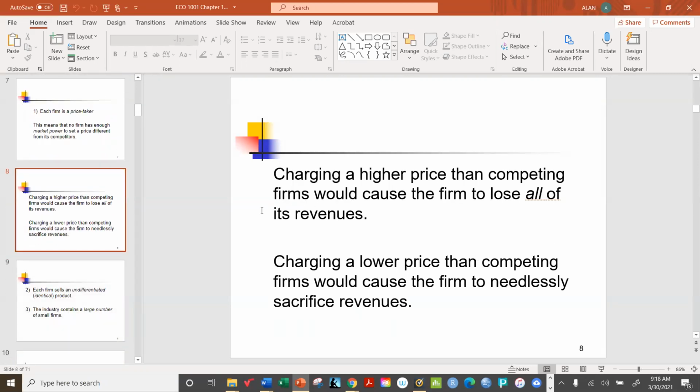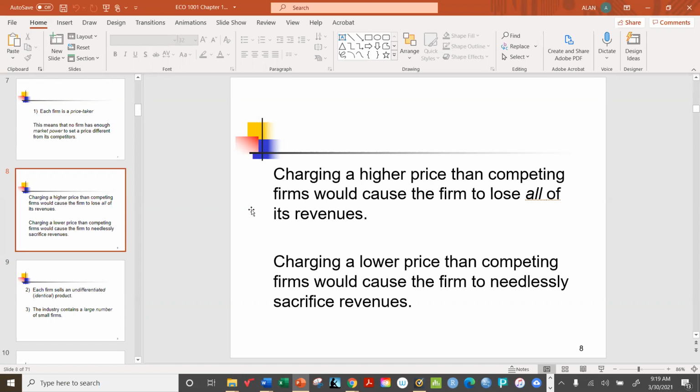Okay, number two, because every single one of your customers would leave if you tried to raise the price, on the other hand, there's no point in lowering your price because you are presumably small enough that you could sell all of your product at the same price as everyone else. So in other words, in that town that sells raspberry smoothies, there's no sense in lowering your price because you would just lose some of your revenues.